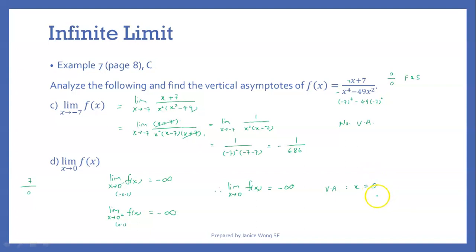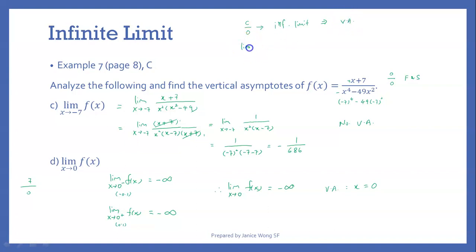This is about infinite limit. From now on, if the question given to us is to evaluate the limit, first we do the direct substitution. If we substitute and we get something over 0, a constant over 0, please tell yourself it must be related to infinite limit, and there must be a vertical asymptote.